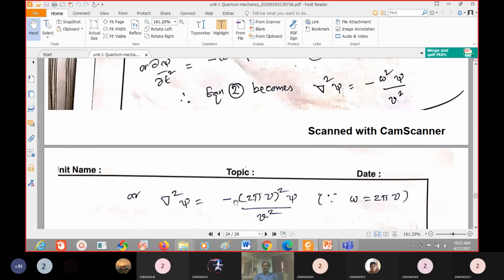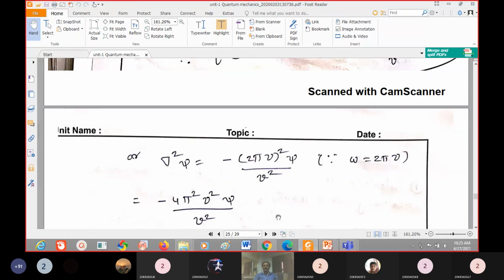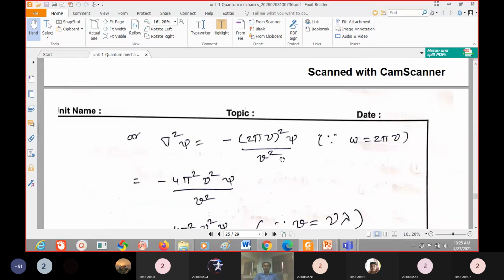Omega square is equal to 2 pi nu whole square, and psi as usual, and v square. So finally the equation will become del square psi is equal to minus 2 pi nu whole square psi by v square. If you simplify it, 4 pi square nu square psi by v square.